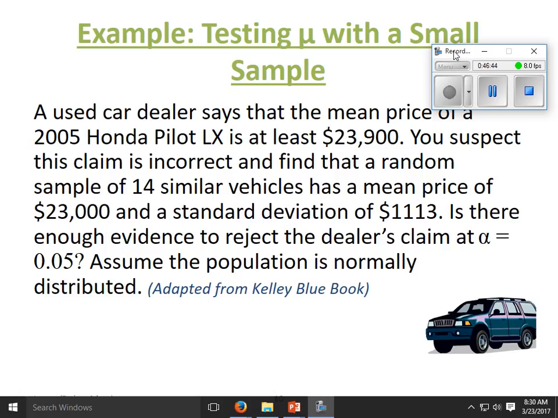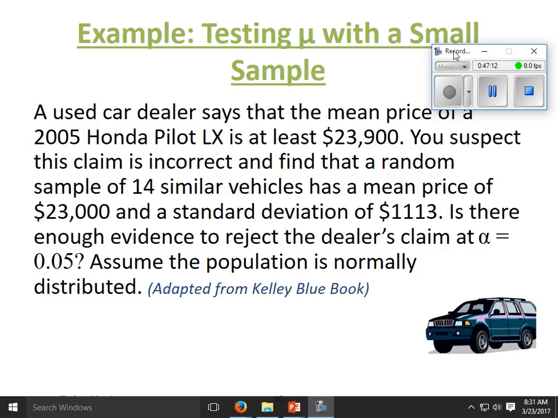You suspect this claim is incorrect, and that's what we're trying to prove here. You go out and find a random sample of 14 similar vehicles that have a mean price of $23,000 and a standard deviation of $1,113. Is there enough evidence to call that dealer a liar? Well, that's what we're going to figure out.